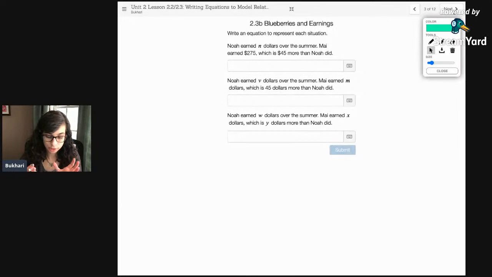And so if Noah earns N dollars over the summer and May earns $275, which is 45 more dollars than Noah did, right? We're looking at our key words here. How do you represent more than in our equation, right? More or less, right? If I have more of something, is that addition or subtraction, right?